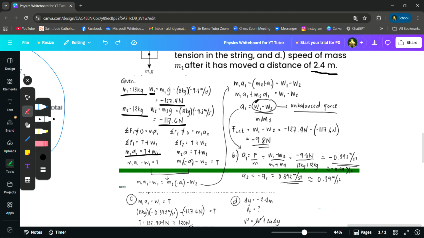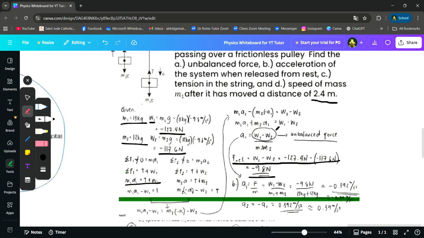Then we factored out the acceleration, and we divided both sides by mass 1 plus mass 2. The unbalanced force is on the top, so that's weight 1 minus weight 2. So the total net force is weight 1 minus weight 2, which is negative 9.8 newtons.